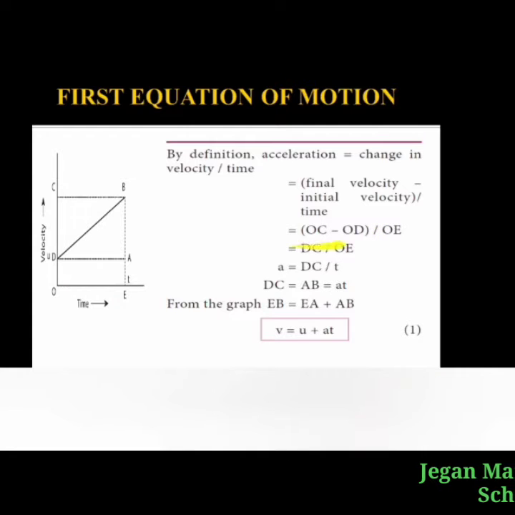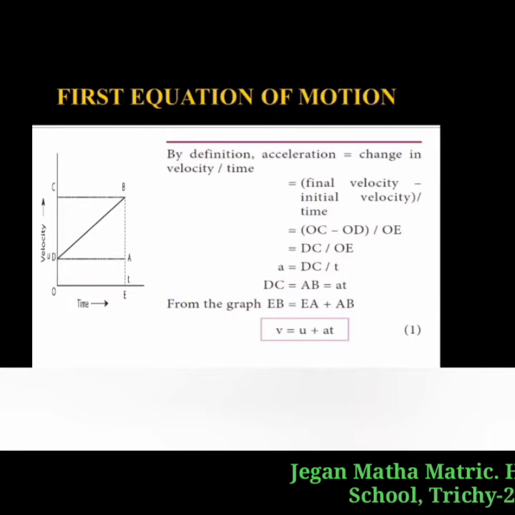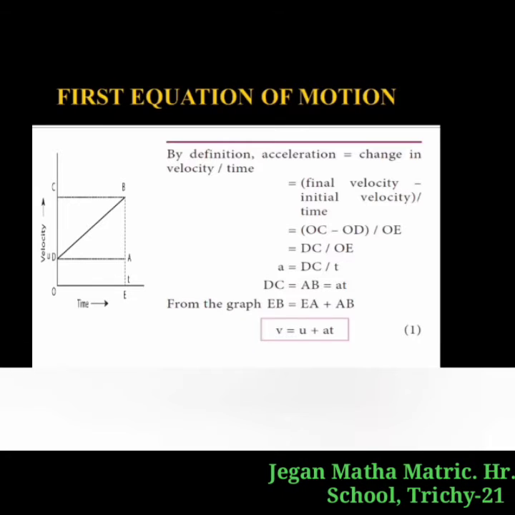So OC minus OD, we get DC by OE. So acceleration a is equal to DC divided by t. So DC is equal to at.